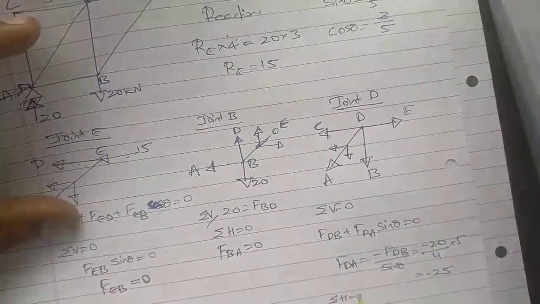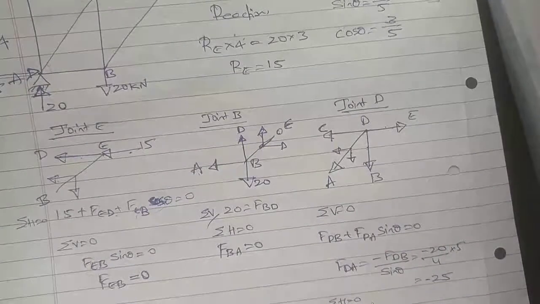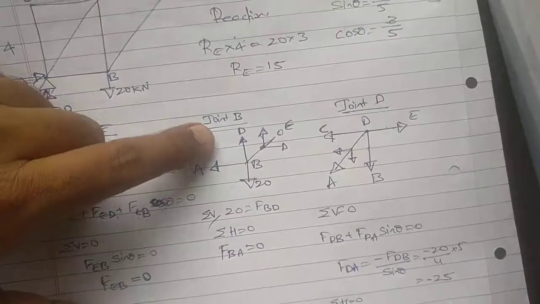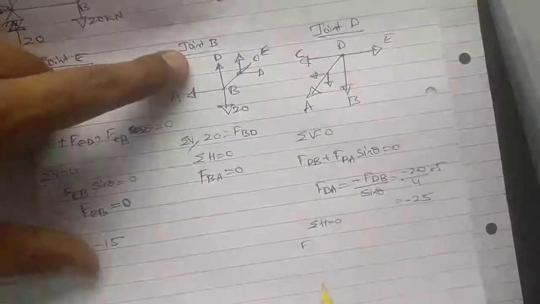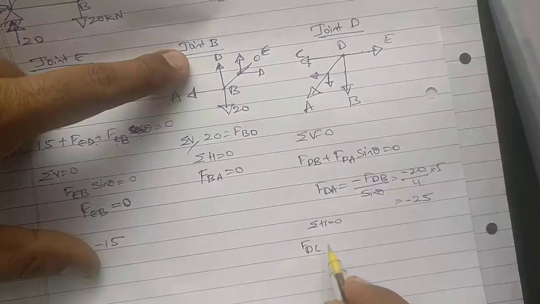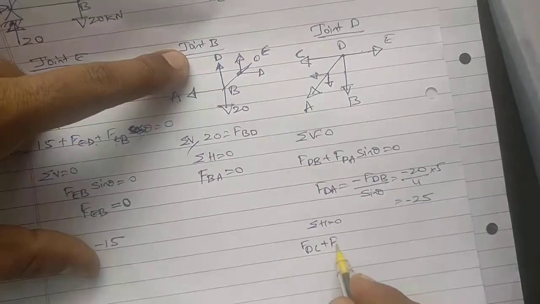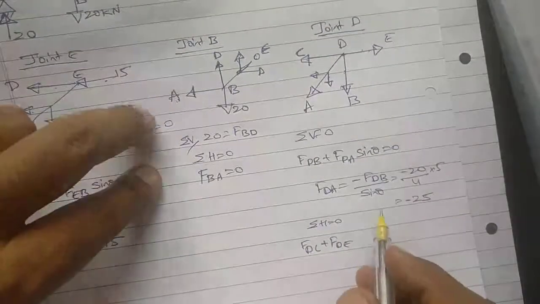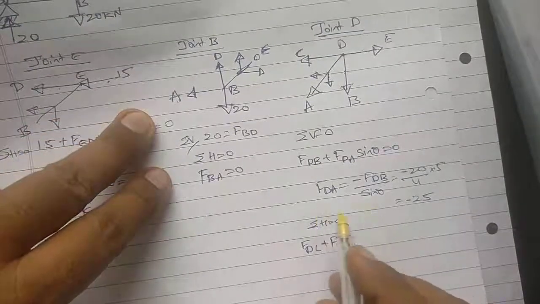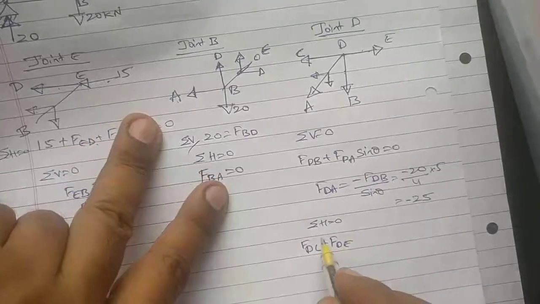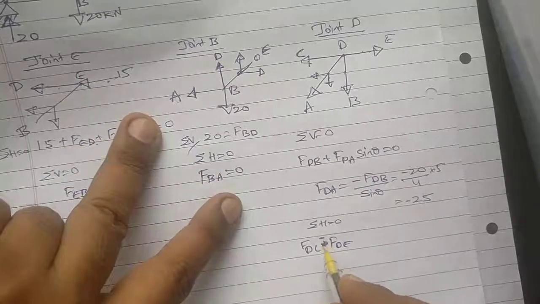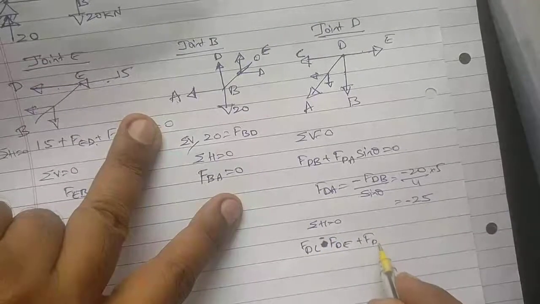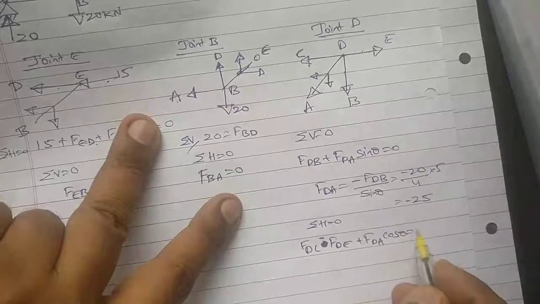Sigma H is equal to 0. So you have FDC minus FDE plus FDA cos theta is equal to 0.